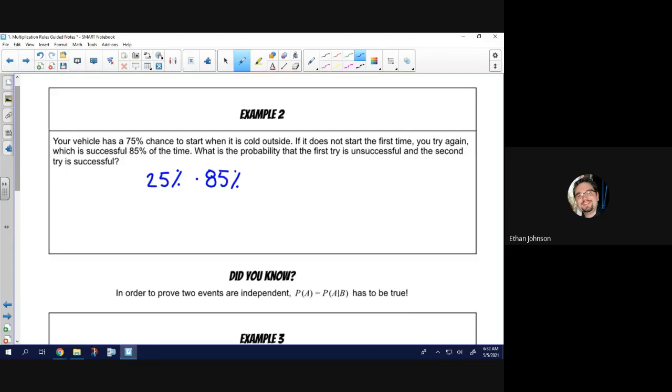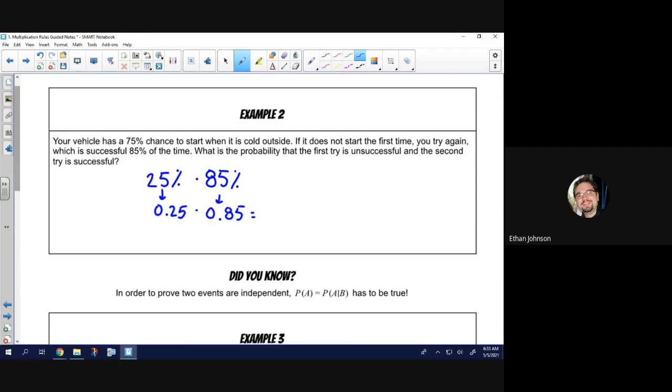So what we're going to do is convert them to a decimal. To convert a percent to a decimal, remember, we divide by 100. So this would be 0.25 times 0.85. Now we can actually multiply.